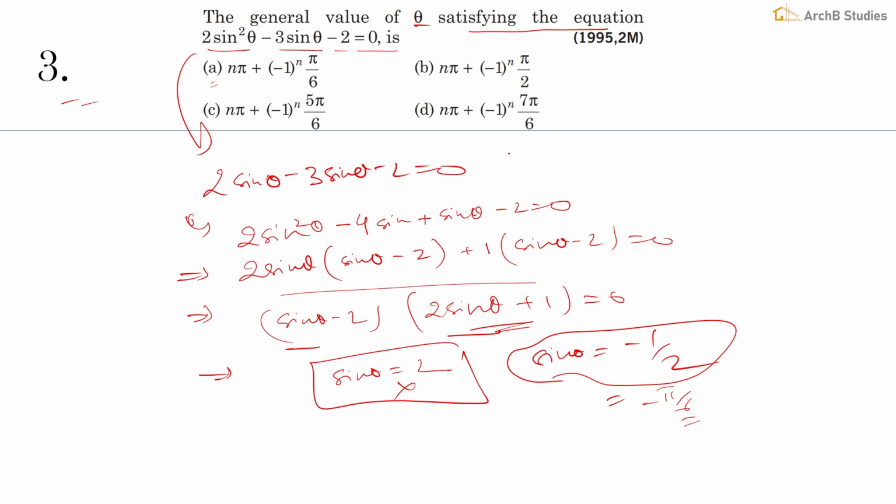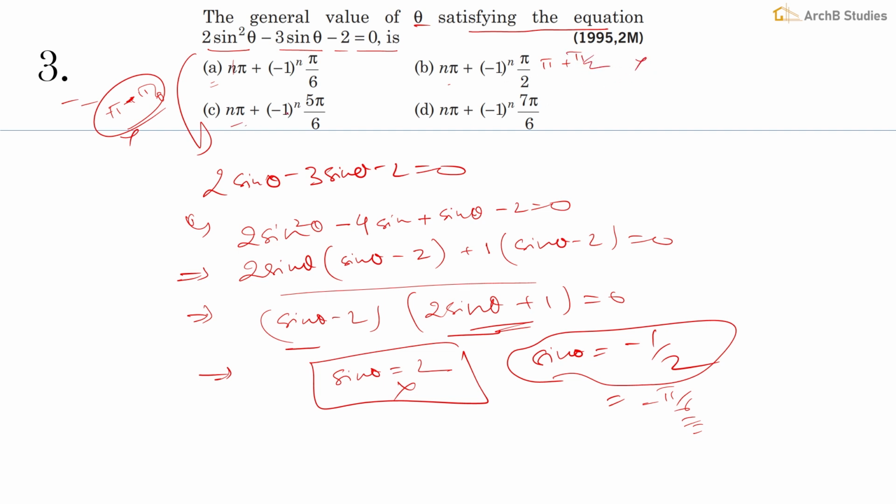Just putting a value of n. So now putting the value n equal to 1 in these options, we will see which one gives us minus pi by 6. Putting the value of 1, from this one we will get pi, here minus 1, so pi plus pi by 6. No. In this one pi plus, it will be minus, pi plus pi by 2.